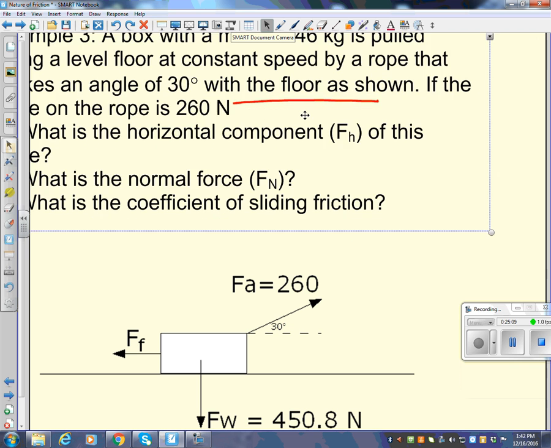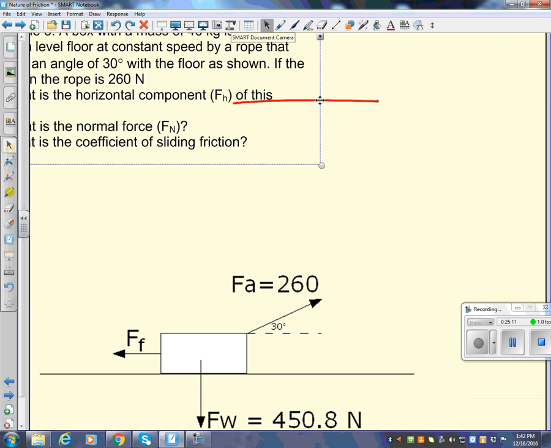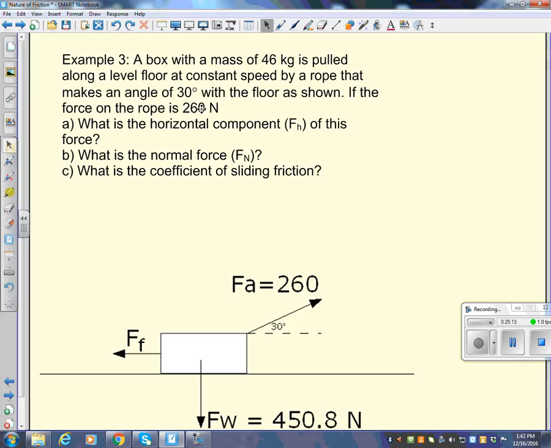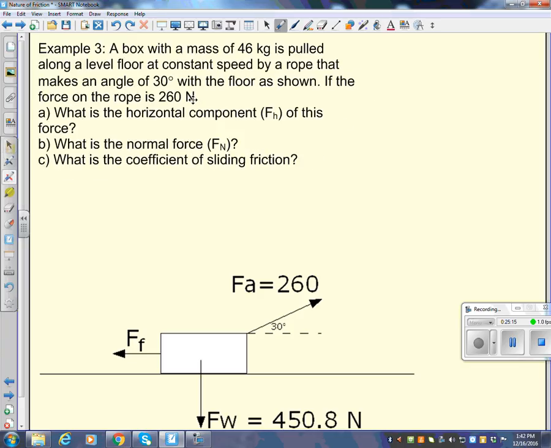Now, we've talked about horizontal components before, so I'm not calling it FH anymore. I'm calling it FAX, the X component of the applied force. And then what is the normal force and what is the coefficient of sliding friction?